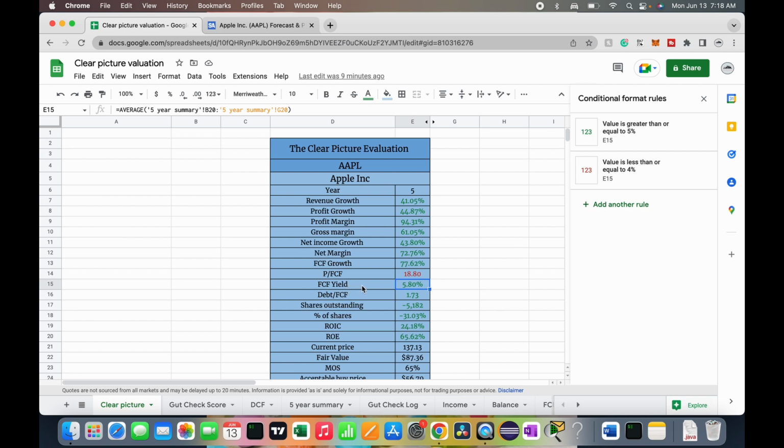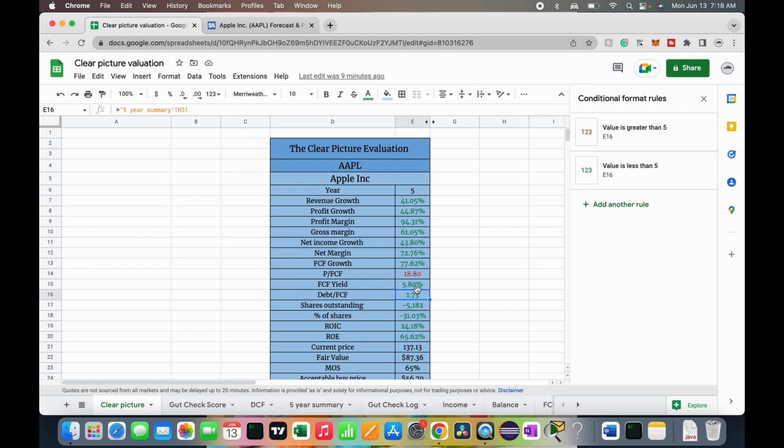We see Apple's is. Debt to free cash flow means how long the total debt can be paid off with free cash flow. For Apple, it's about 1.73 years.